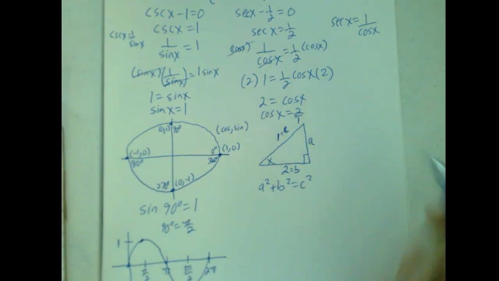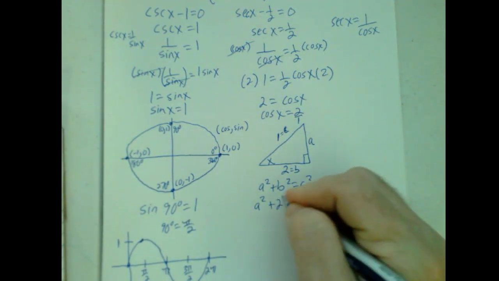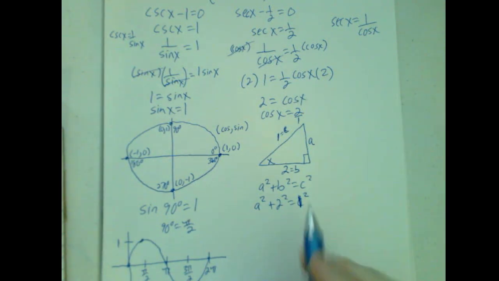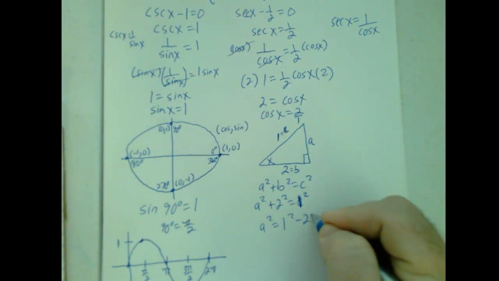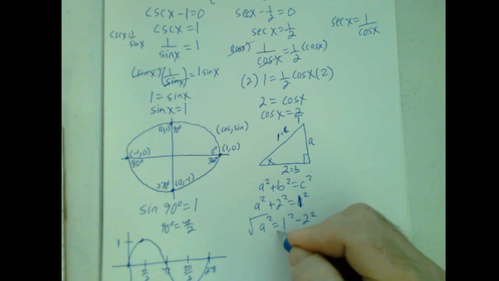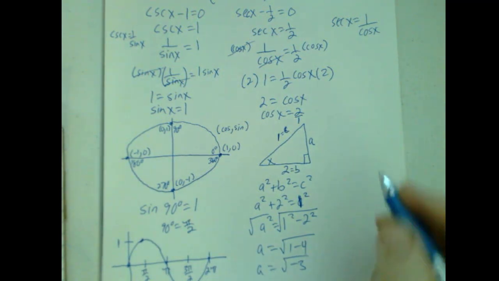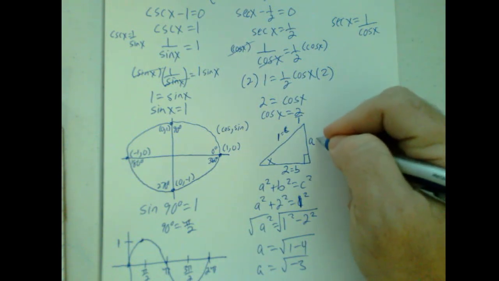So it would be a squared plus 2 squared equals 1 squared. If we solve for a, a squared equals 1 squared minus 2 squared. Take the square root of both, and a equals the square root of 1 minus 4, so a equals the square root of negative 3. But we can't have a dimension that is a negative number.